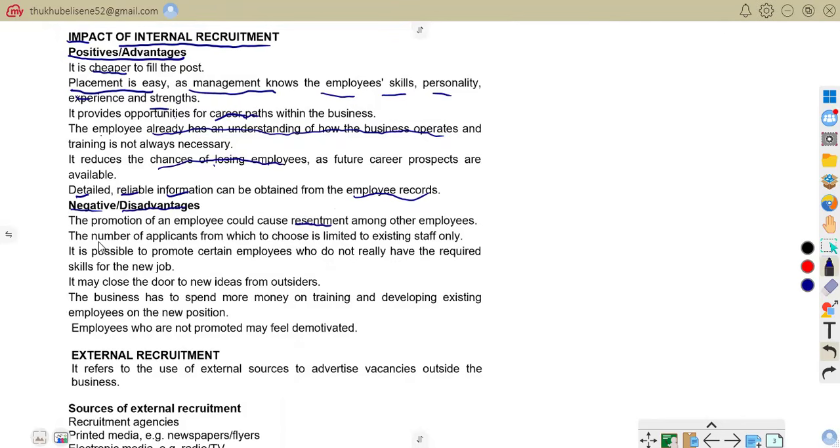Also, the number of applicants from which to choose is limited. Limited to existing staff only. So it means you are limited because you are only to look at the current employees that you are having as an organization.